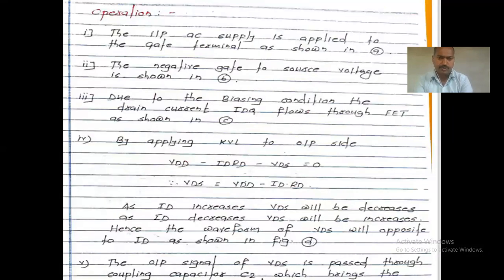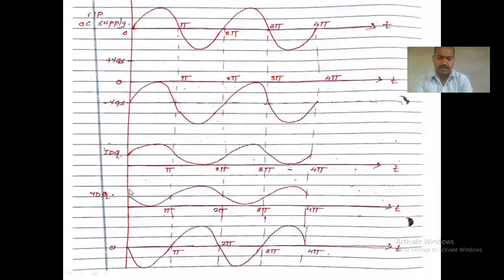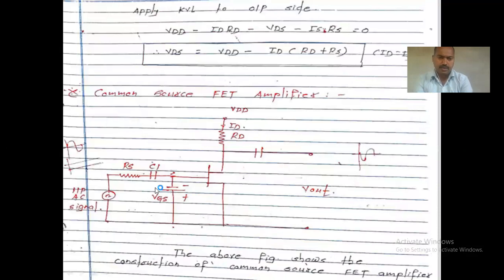There are two things with respect to input. We are not applying the KVL with respect to the input; we are applying the KVL with respect to the output side, because there is so much complexity on the input side that you won't understand it. That should not be required for us. Another thing, see, when we apply the KVL at the output side, we know that ID and VDS are opposite.